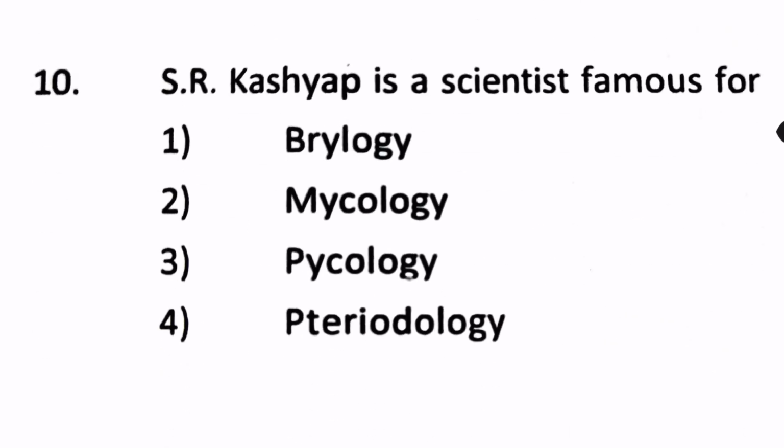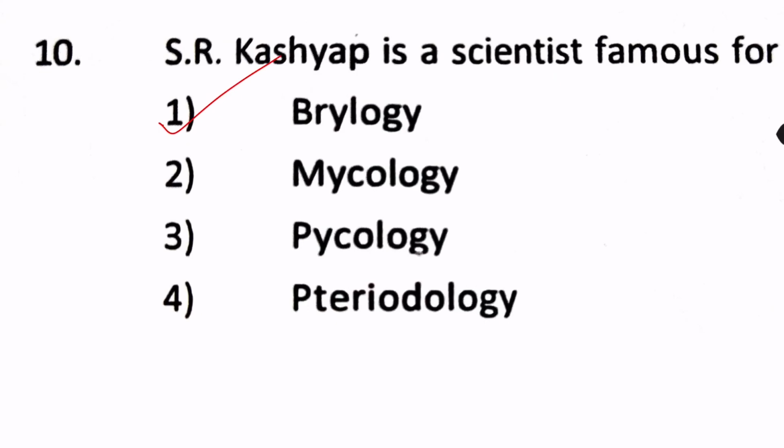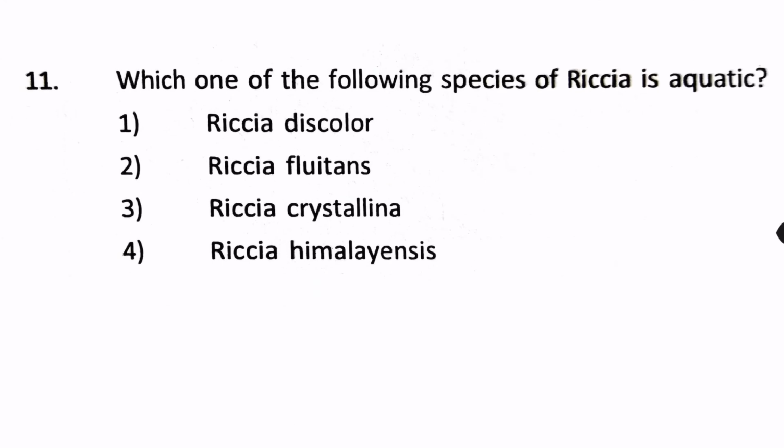Again, the question is, S.R. Kashyap is a scientist famous for. The answer is bryology. We also have to memorize the famous scientists in each field. Next, which one of the following species of Riccia is aquatic?